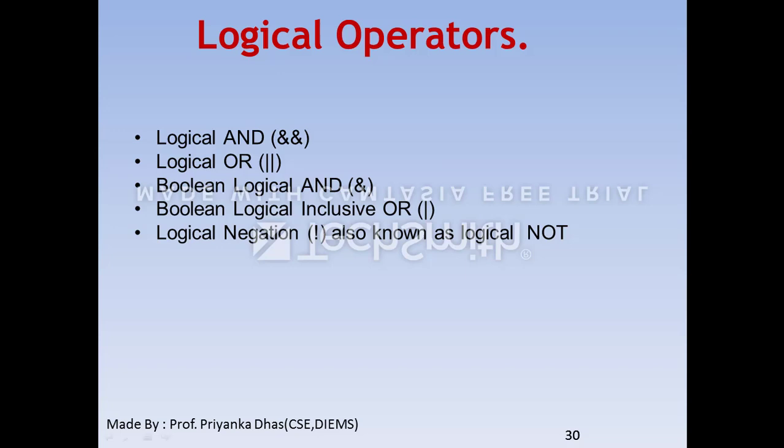Here you can use logical AND. How exactly does it work? Whenever both conditions are true, then and only then your statement will get executed; otherwise it will go into the other part. This is how these logical operators are used in looping or any control statement.